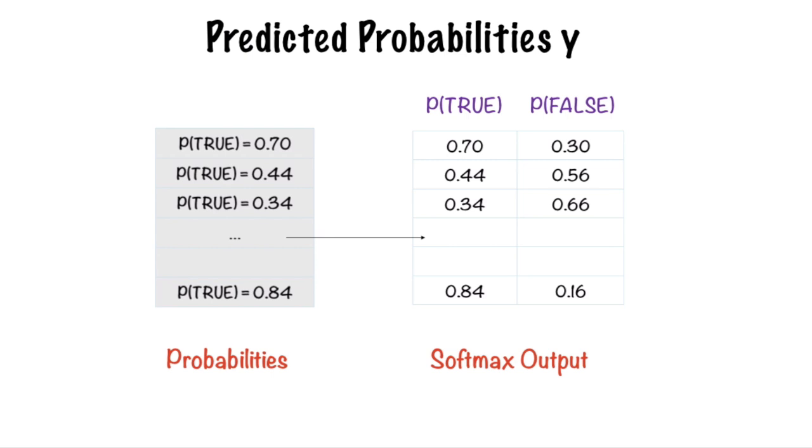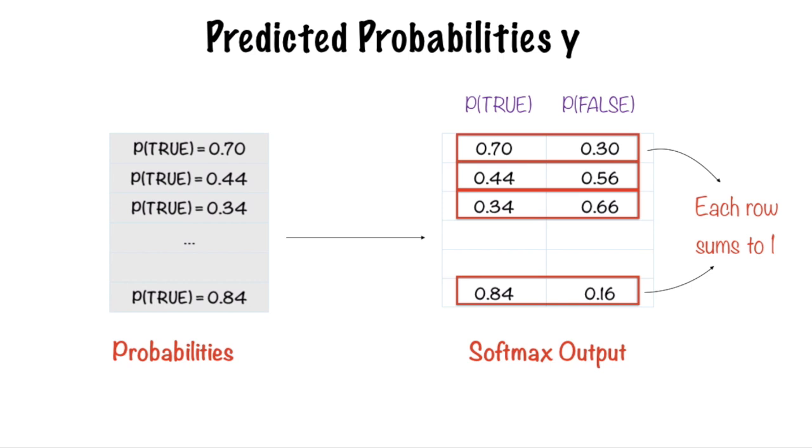A probability that the value is a certain categorical variable. Let's consider this example here on screen. In the very first row, the probability that the output label is true is 0.7, which means the probability that it's false is 0.3. The sum of the probabilities for every output should sum to 1. Each row should sum to 1.